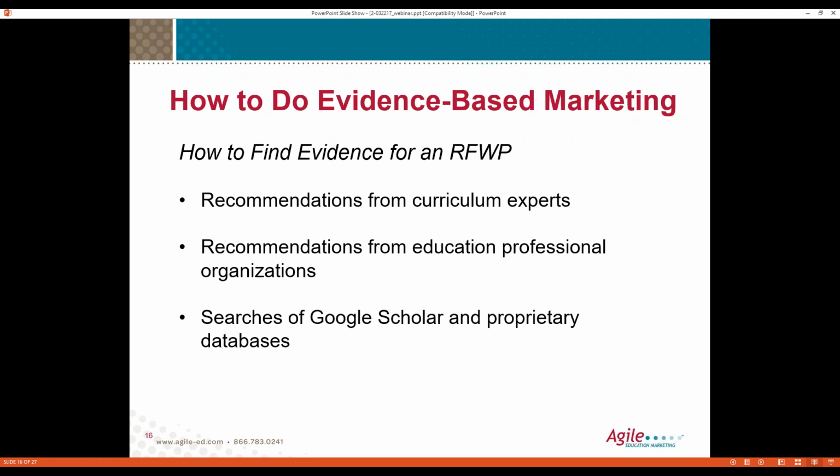And then lastly, I don't know how many of you know about Google Scholar, but it's a database that you can also search. It's kind of an offshoot of the Google search engine, and it focuses just on academic publications. So you can go there and find things. There are also a number of proprietary databases, and those include things like ERIC, which a lot of people have heard of.